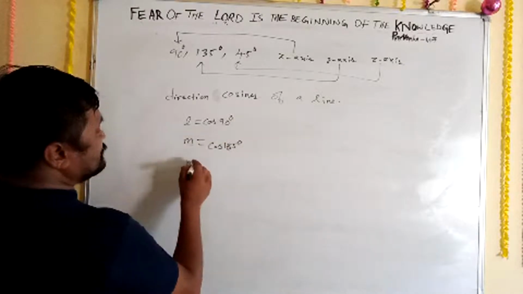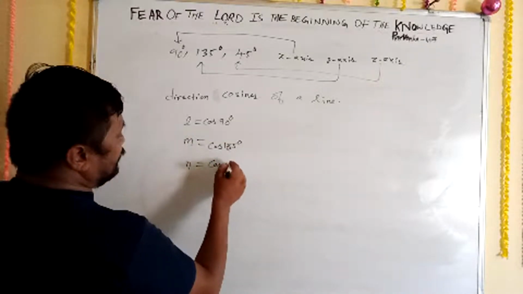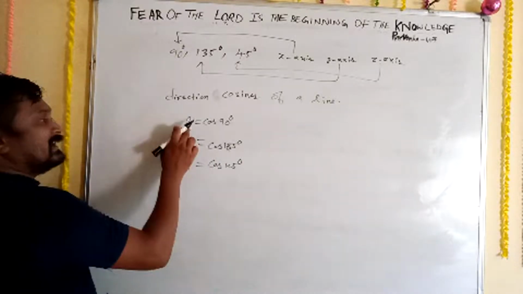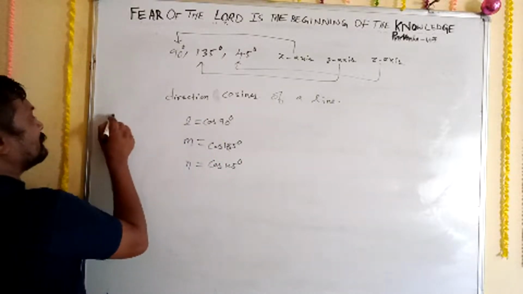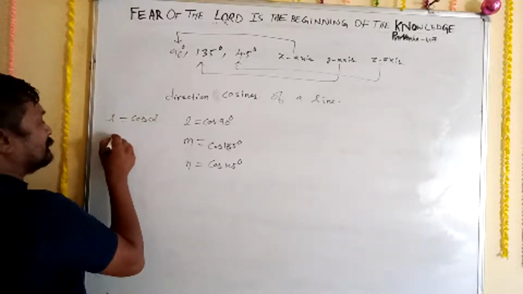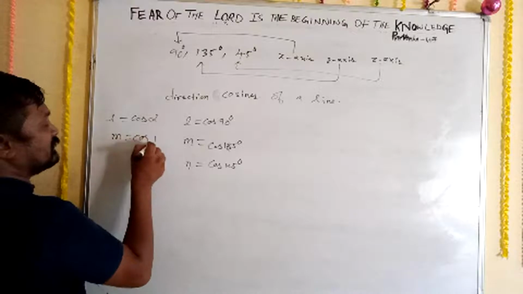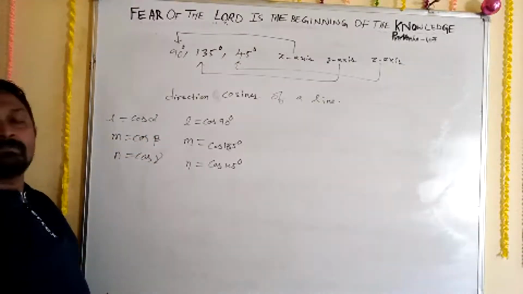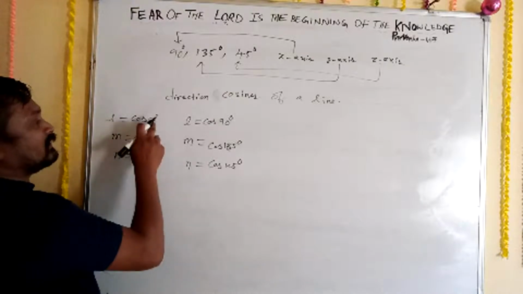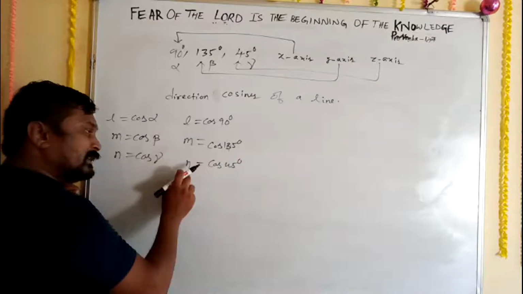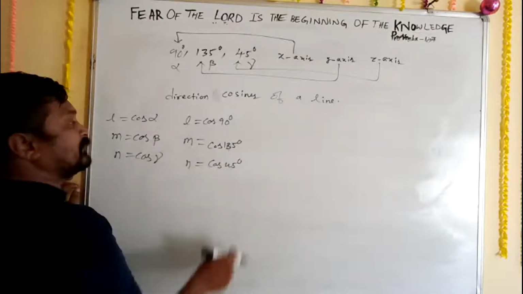And n is nothing but cos 45 degrees. Because you already know that l is equal to cos alpha. You remember this formula? l is equal to cos alpha, m is equal to cos beta, n is equal to cos gamma. So now alpha here is 90 degrees, l is cos 90, m is equal to cos 135, n is equal to cos 45.